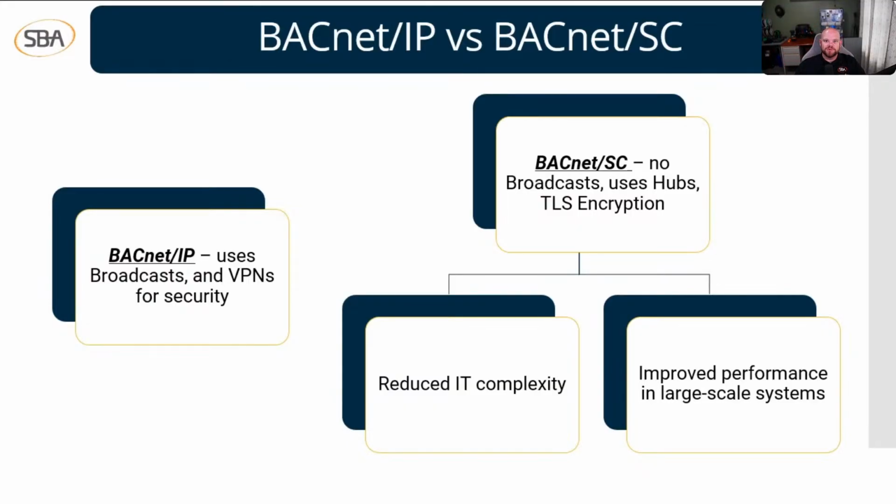It's what enables all the different encrypted communications to send and receive. So BACnet Secure Connect doesn't use broadcasts. It uses hubs. And then it's also TLS encrypted. So if you remember, TLS 1.3 is the big draw with BACnet Secure Connect, because we can encrypt our data packets now.